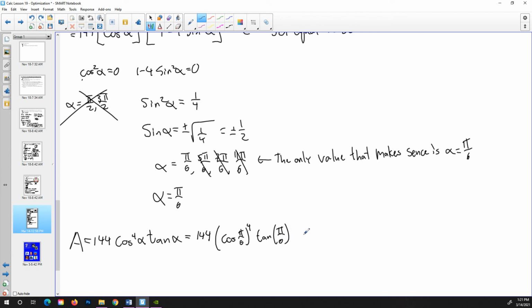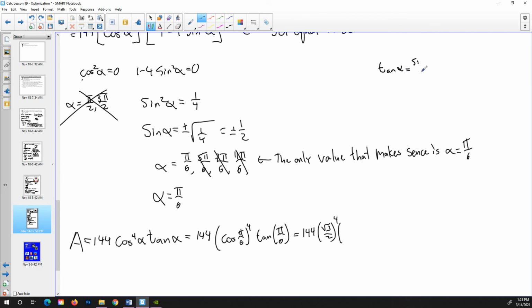Okay, we can do that. The cosine of pi over 6 is square root of 3 all over 2. And we need to raise that to the 4th power.